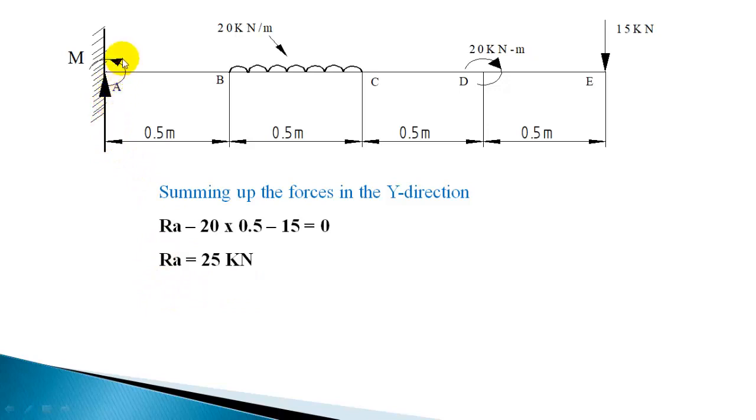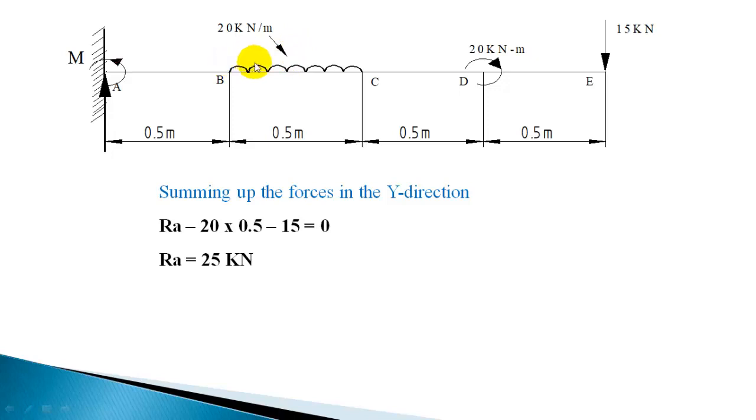Now to find the resisting moment produced by the fixed end, we need to go for the moment summation. The moment summation you can do with respect to any point. Let us take the point A as the moment center. Now taking point A as the moment center, minus M, since it is anti-clockwise, minus M, this load is 20 into 0.5.